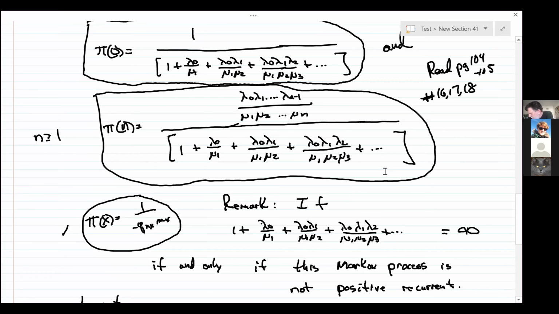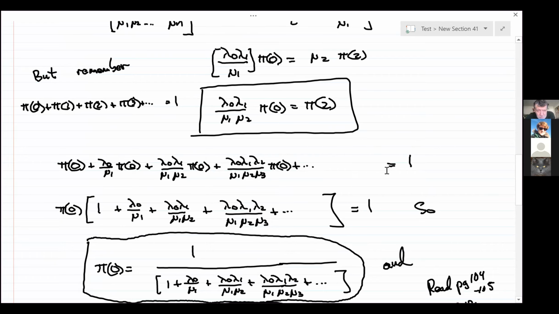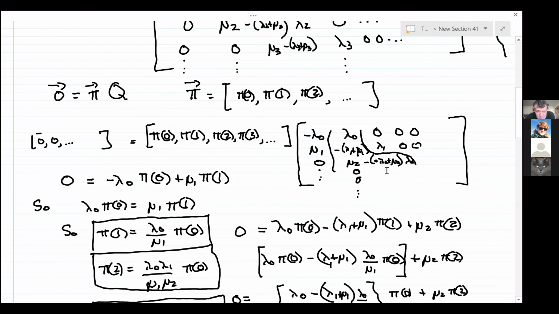Questions? This would be a formula to memorize for the upcoming final. So I could easily give you an infinite birth death process and ask you to find its stationary distribution.